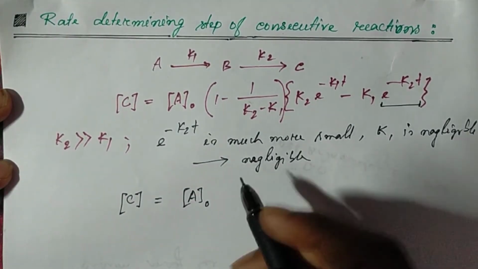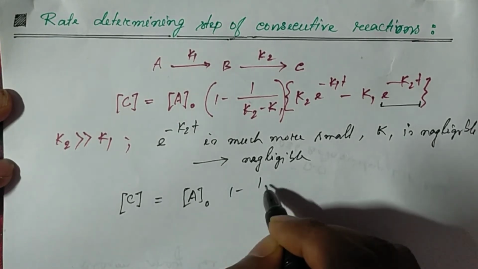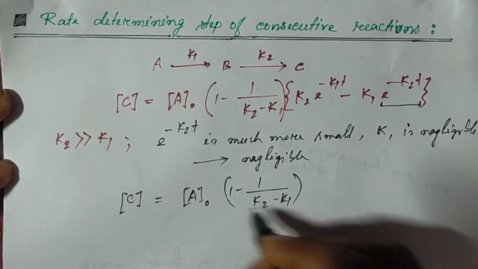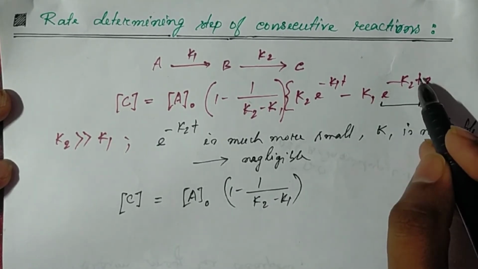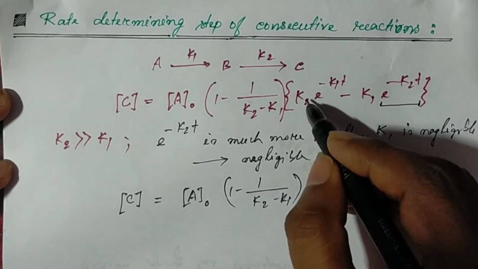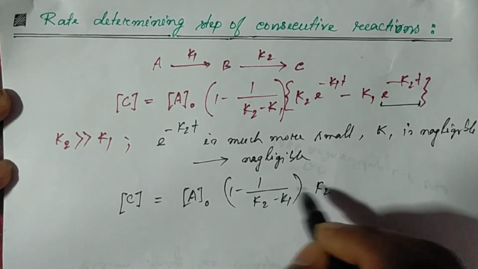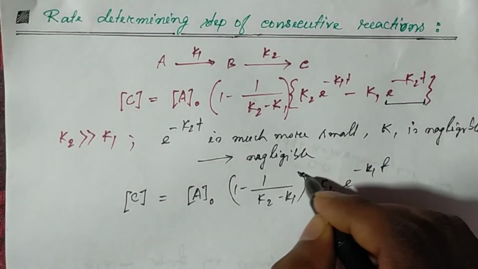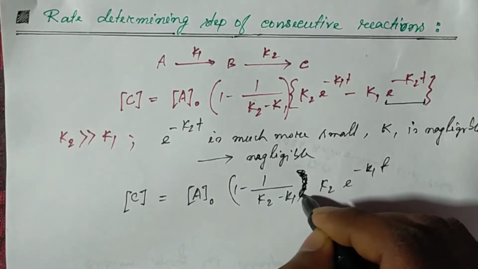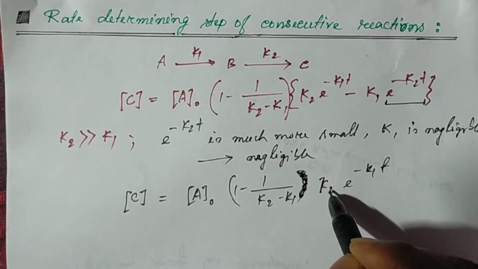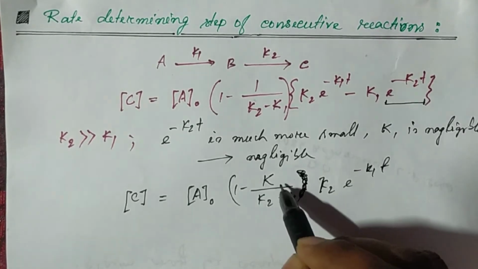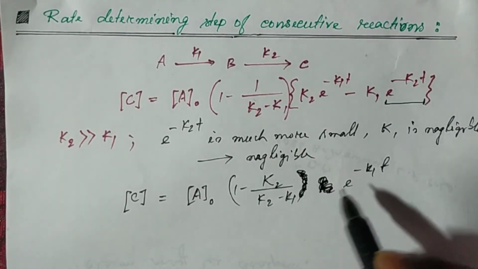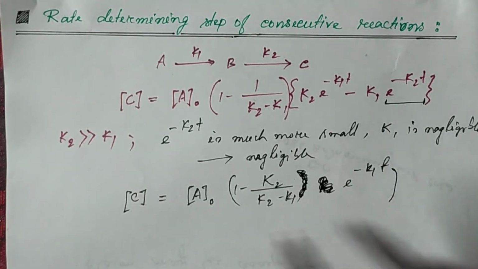I will write step by step: 1 minus, K1 is negligible, so I will directly write this one, K2 e to the power minus K1t. So here there is no bracket, so we can write K2 here also. Okay, so it will be like this.